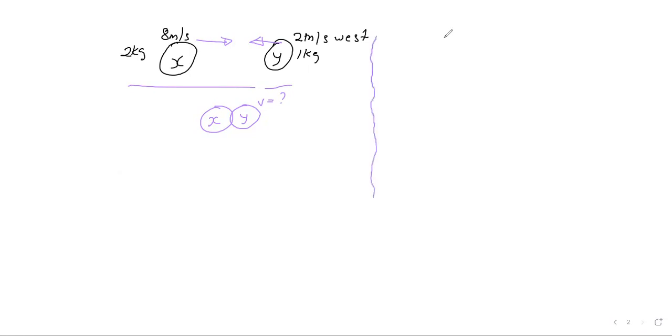That will be the sum of the initial momentum is equal to the mass of X, V of X, plus the mass of Y, V of Y. The mass of X is 2 kg and V is 8.